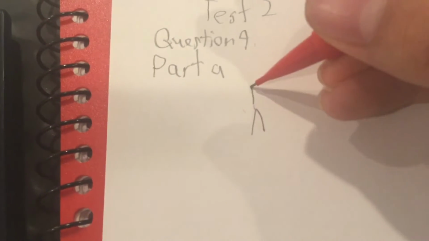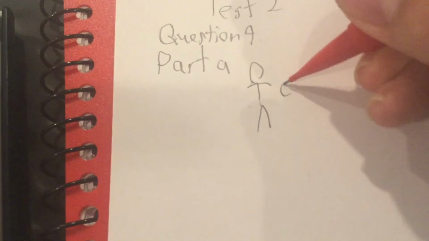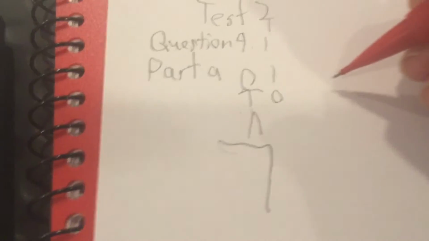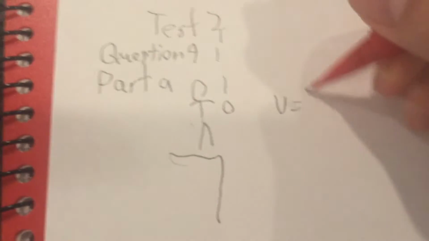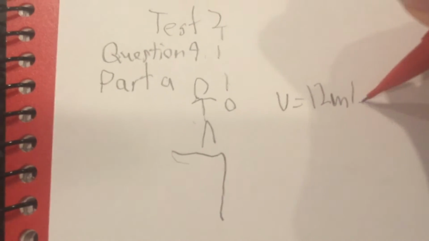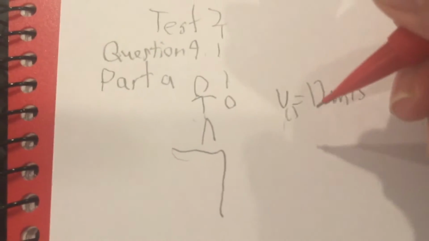You throw a ball straight up from the edge of a cliff. It leaves your hand moving at 12 meters per second. That's velocity initial.